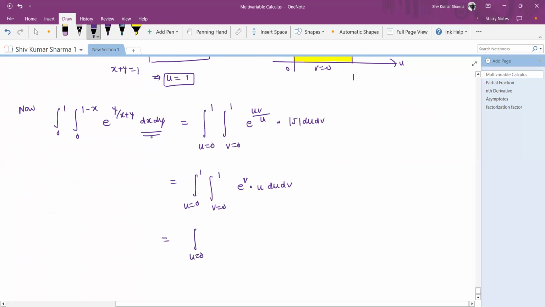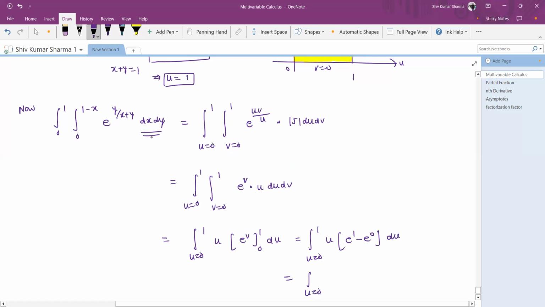So we take u equal to 0 to 1, and write u into the integration of e raised to the power v, which is e raised to the power v from 0 to 1, du. This equals the integral from 0 to 1 of u times (e raised to the power 1 minus e raised to the power 0) du, upper limit minus lower limit.